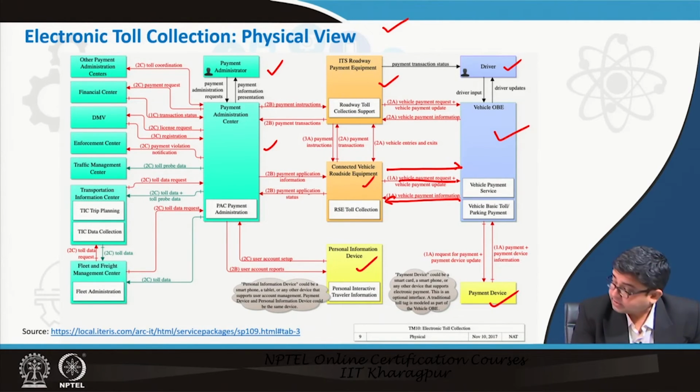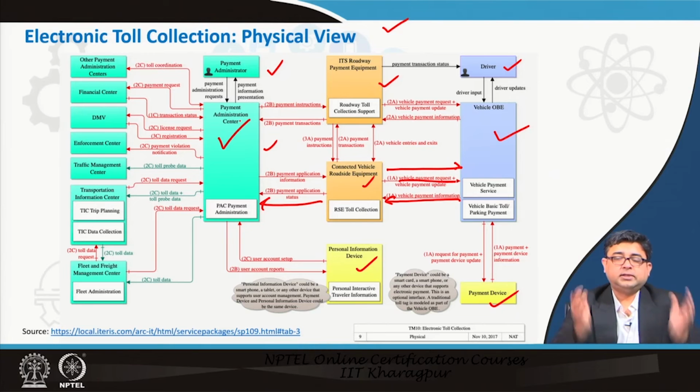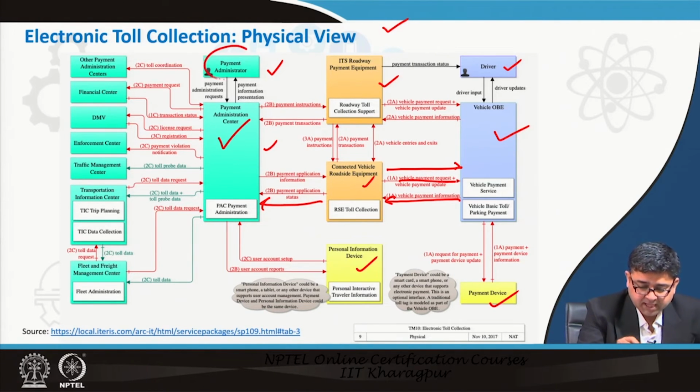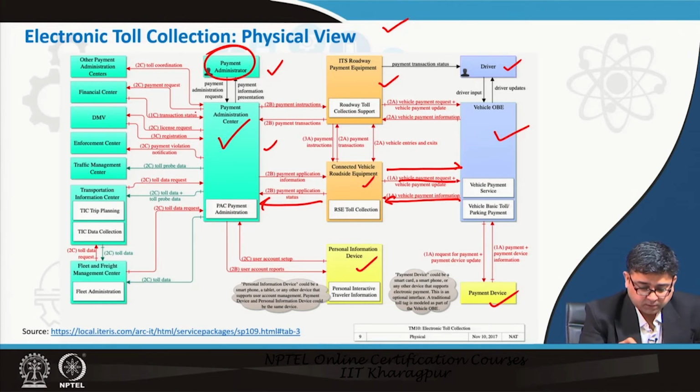That payment application status is going to the administration center as well, right. All this information has to be collected and monitored at a TMC, traffic management center. The traffic management center has a payment administrator who is looking at all of this, and the traffic management center in turn is connected to your financial center, to your banks.